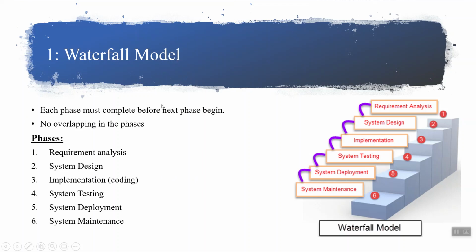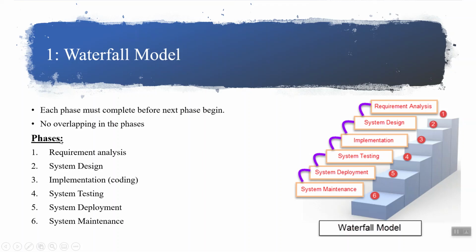The waterfall model was the first process model to be introduced. It is also referred to as a linear sequential life cycle model. It is very simple to understand and use. In the waterfall model, each phase must be complete before the next phase begins. It is the earliest software development lifecycle approach that was used for software development.